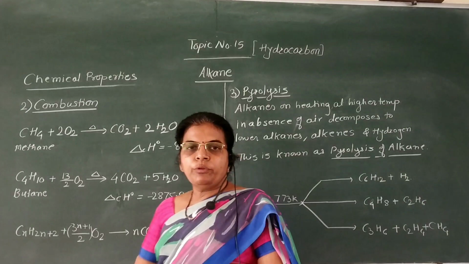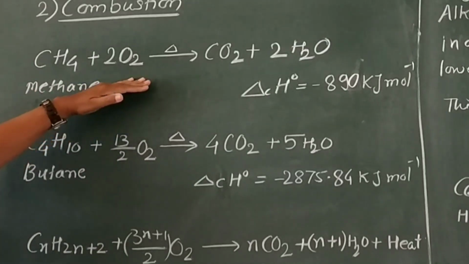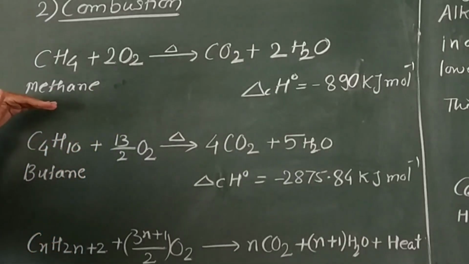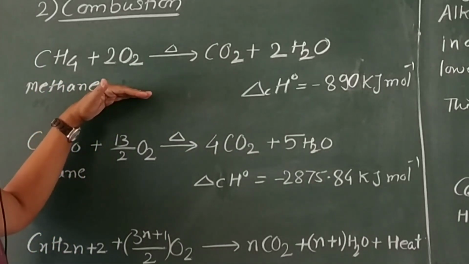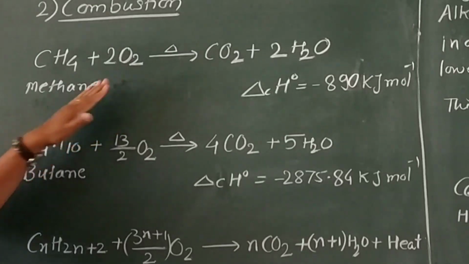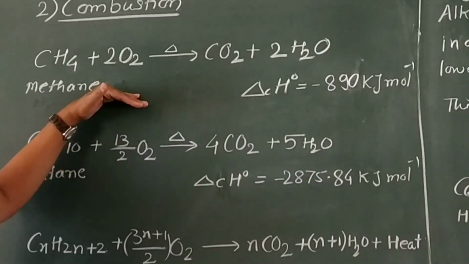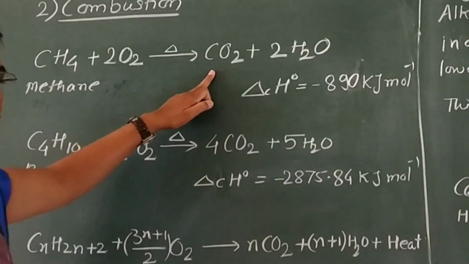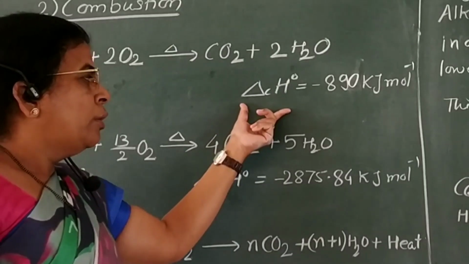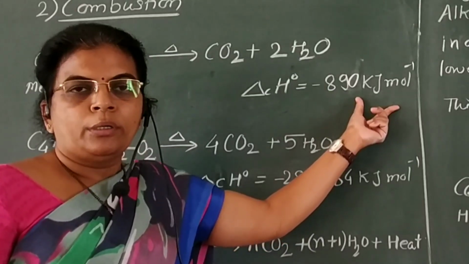Now first we are going to see the example of methane. When methane is heated with air, now we know that in air there is presence of oxygen molecule, and when this methane is heated in presence of air or in presence of oxygen molecule, then it undergoes oxidation to give carbon dioxide, that is CO2, and two molecules of H2O with evolution of minus 890 kilojoule per mole of heat.